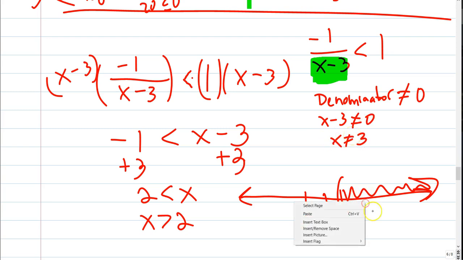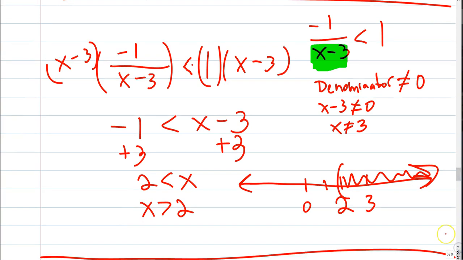And here we just shaded in 3. So what do we have to do? We basically have to put a hole in the graph. We have to say this cannot equal 3. What we do is you could put an open dot, or what I would do since we're using the parentheses is that 3, I'd put a parenthesis to the left and to the right. Basically there's a hole in the graph. Even though we solved this, x cannot equal 3, so there's a hole in the graph right there.